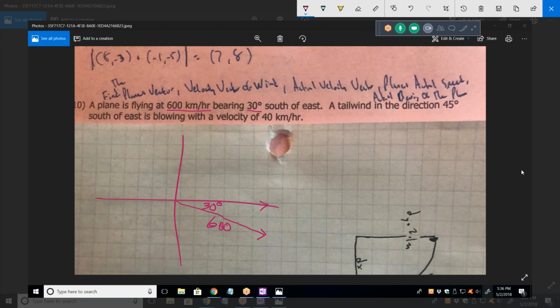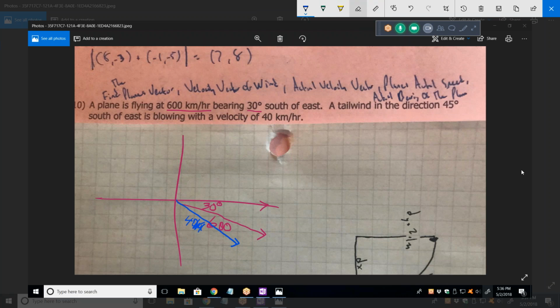A tailwind in the direction 45 degrees south of east is blowing with a velocity of 40. Let me change colors. So here's the tailwind. And it's blowing at 40 miles or 40 km.